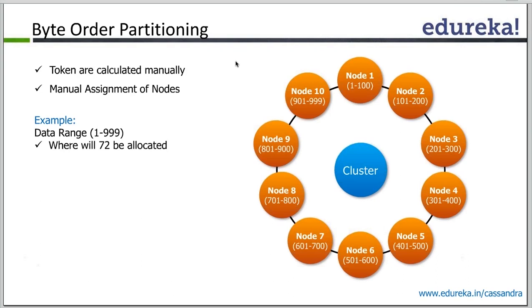A particular node is getting too many updates, because you have done byte order partitioning, where you have calculated the tokens manually and done a manual assignment of the nodes. Say for example, the data here says 1 to 999, and you've broken it down into each node having about 100 keys. Okay.